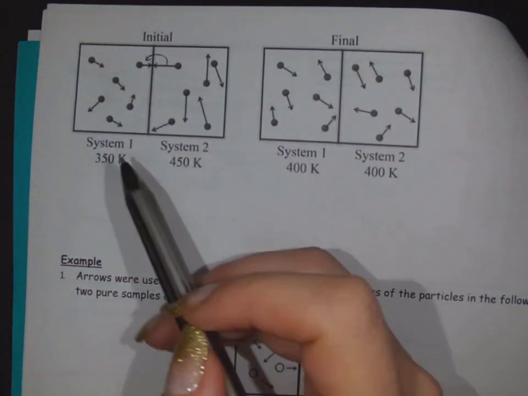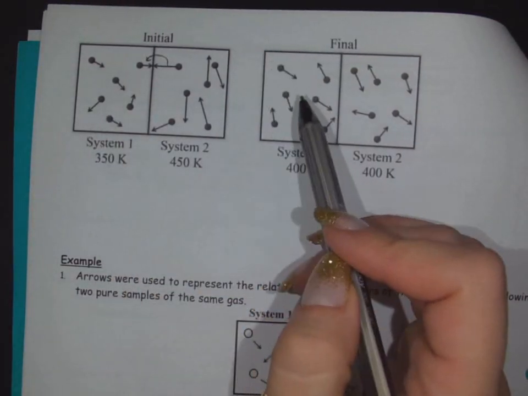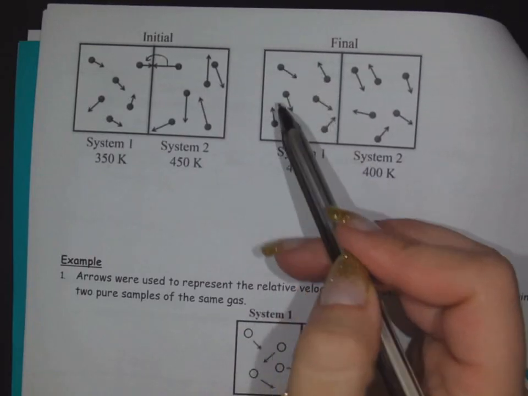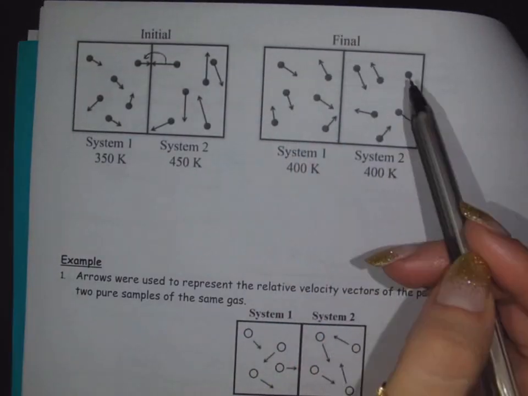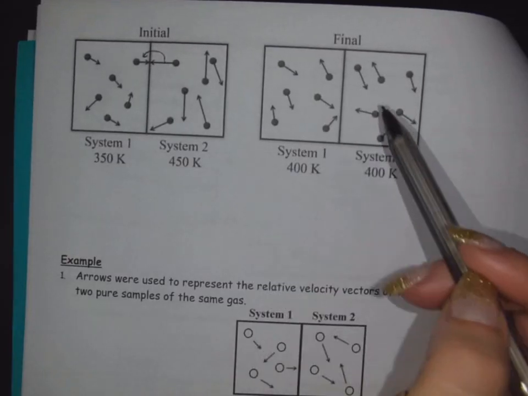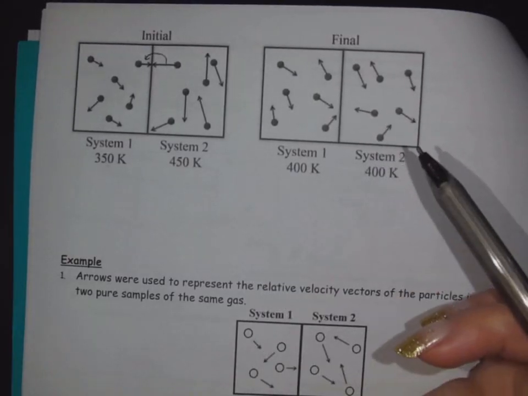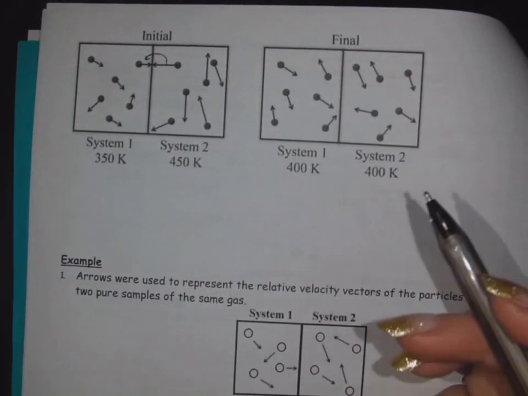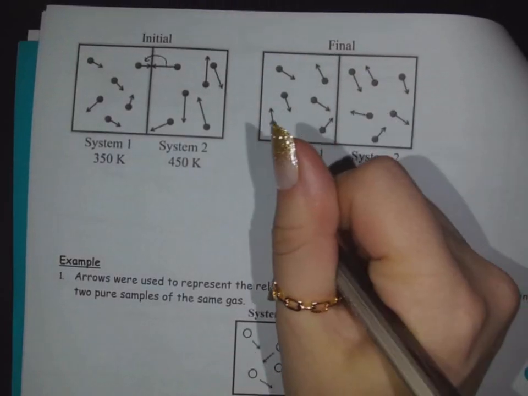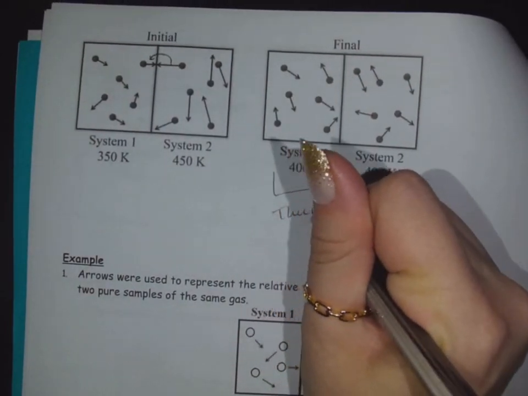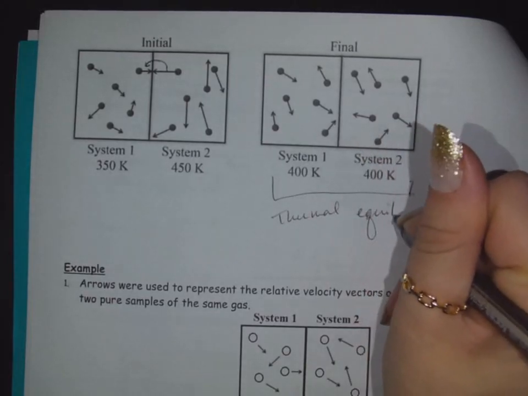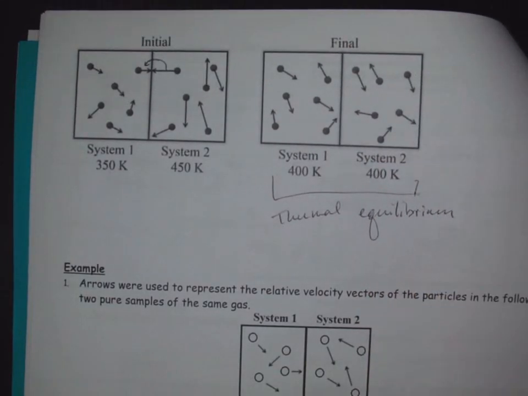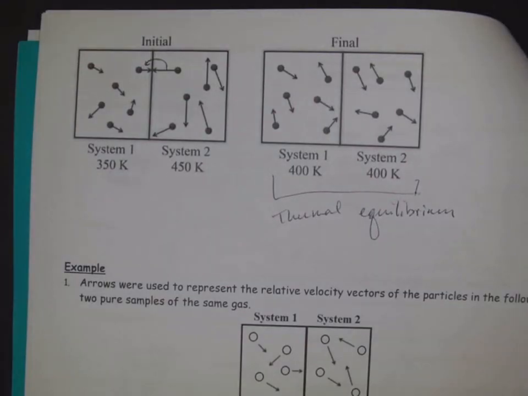And that will cause this colder, lower energy system to increase in kinetic energy, and it's going to cause the higher energy system to decrease in energy. And what's cool is this back and forth is going to happen until they equalize, till they reach thermal equilibrium. So that's what's going to happen. They're going to keep running into each other, transferring energy until we get the same average kinetic energy.